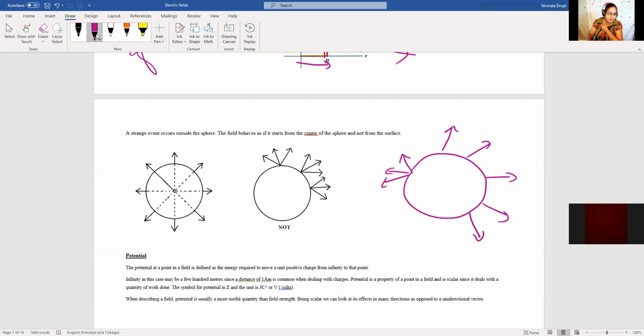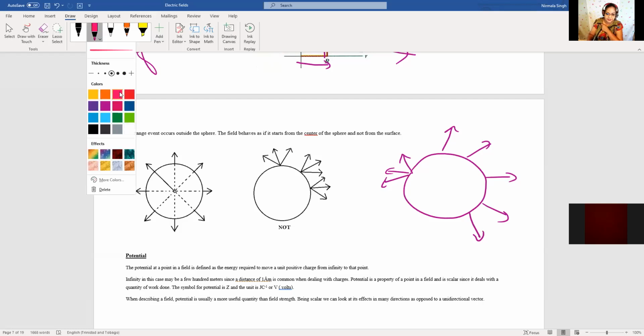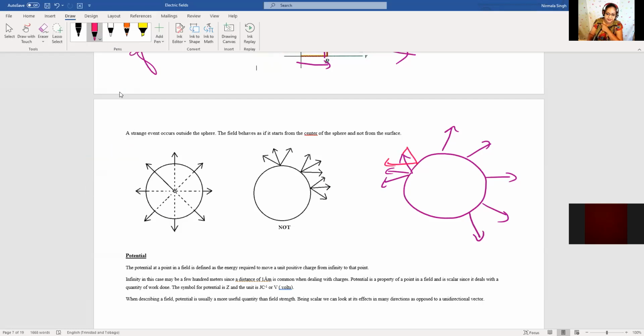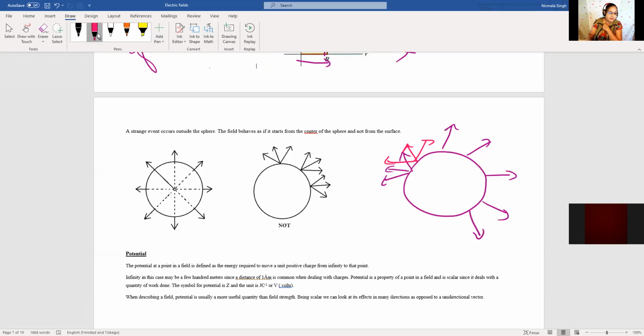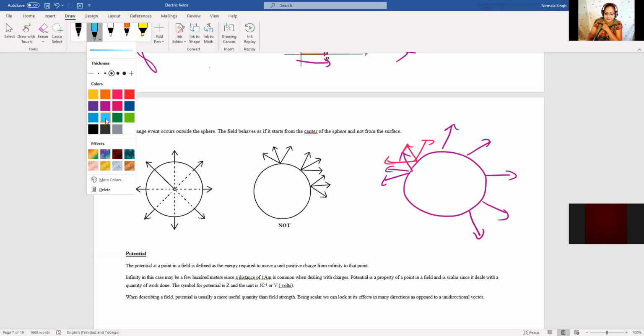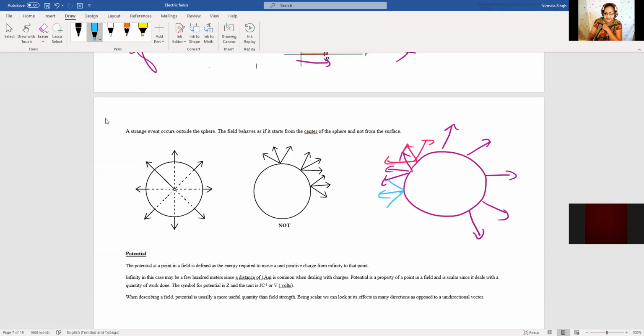If it's just coming out from the surface, you can just get clusters of fields coming out. But this is not what happens. We don't get clusters of fields in different points. What it does, it behaves in such a way that it looks like all of your electric fields start from one point in your sphere.